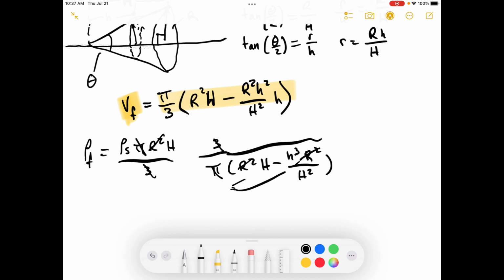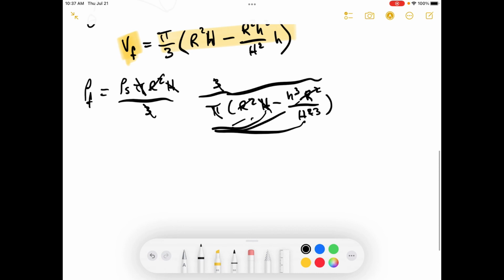Then we can also pull an H out of both of these terms here. And so we'll pull one H out of each of those and cancel the H, so then that will become a 3. And so then we are just left with rho s over 1 minus little h cubed over big H cubed. And that is your final answer.